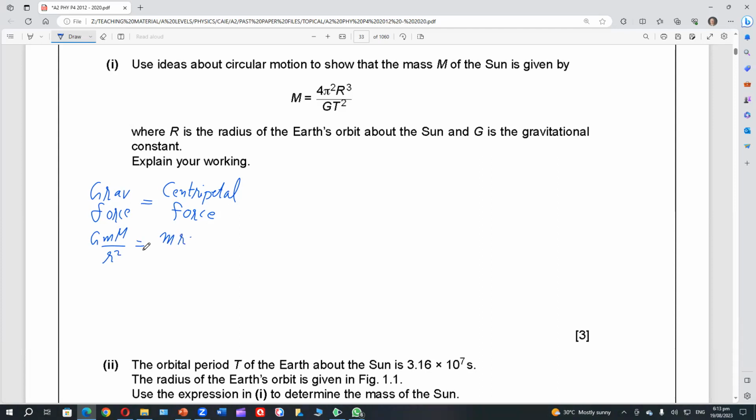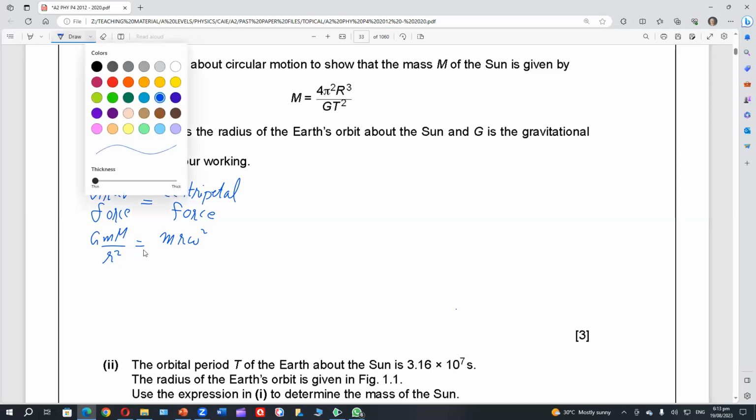This is called the most famous derivation in this course, in this chapter, actually.